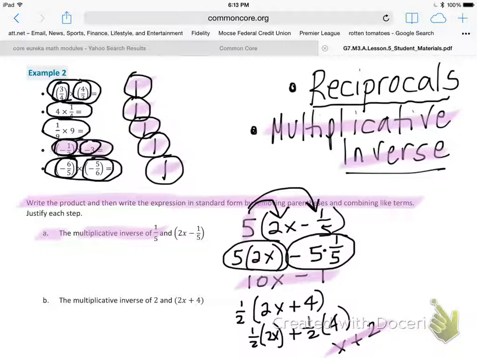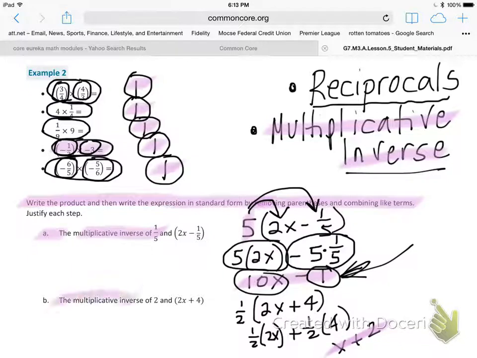Here, 5 times 2x is 10x, and then 5 times 1/5 is 1. And 10x minus 1 is your final expression.